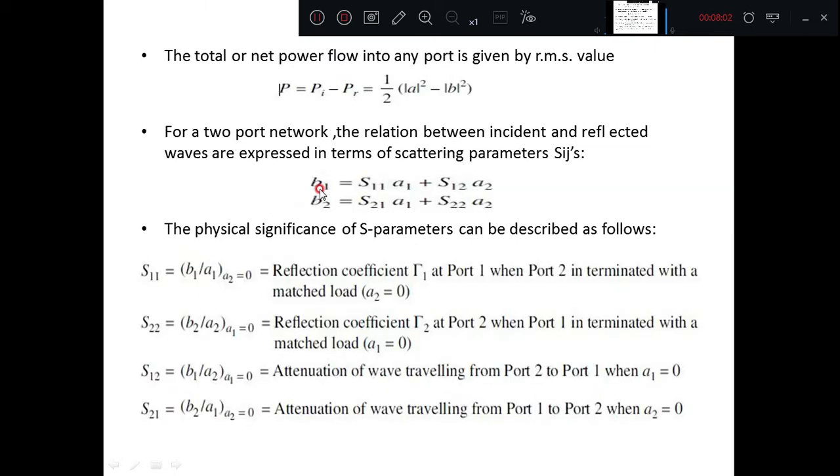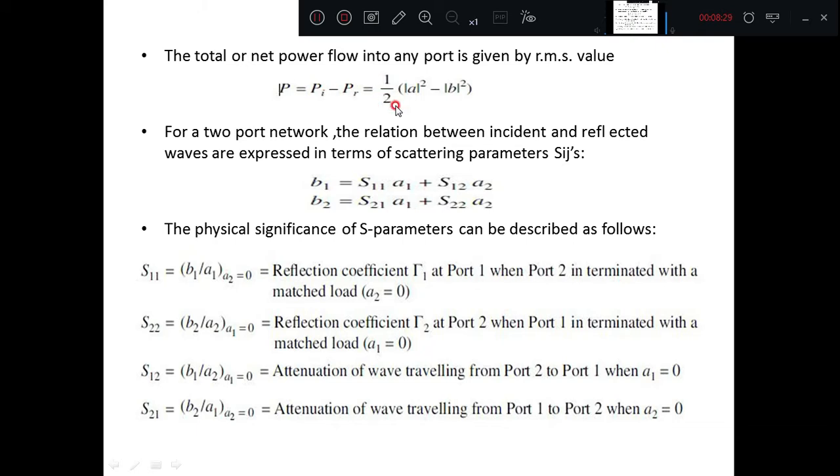And the total or the net power that flows into any port is given by its RMS value, that is P is equal to the input power minus output power, which you know, right? The remaining power is given by P is equal to Pi minus Pr. If you subtract the reflected power from the incident power, you will get P. And what is this Pi?